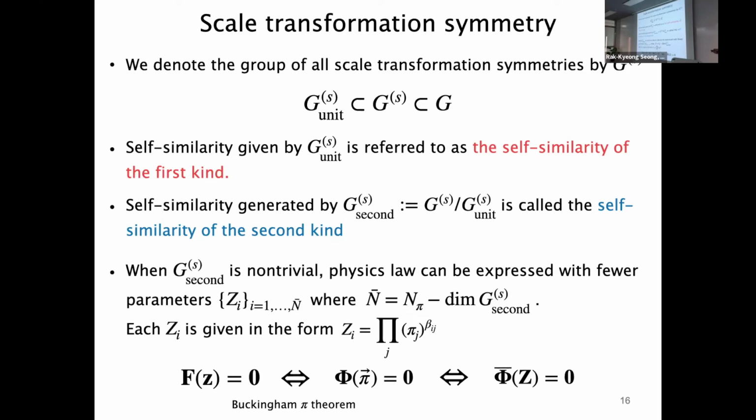By using the action of these groups, we can create invariant combinations that I'm going to denote by a capital Z sub i, which is given by the product of these dimensionless variables. And the physical relations can be expressed as a relation between this reduced number of physical parameters.